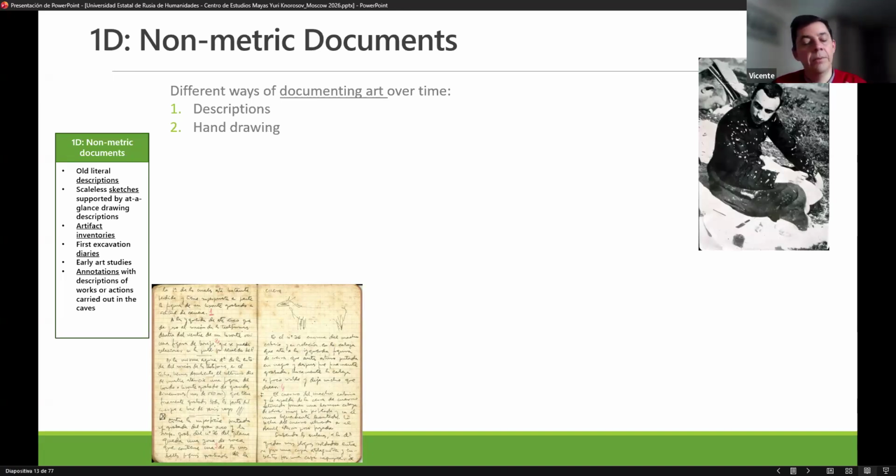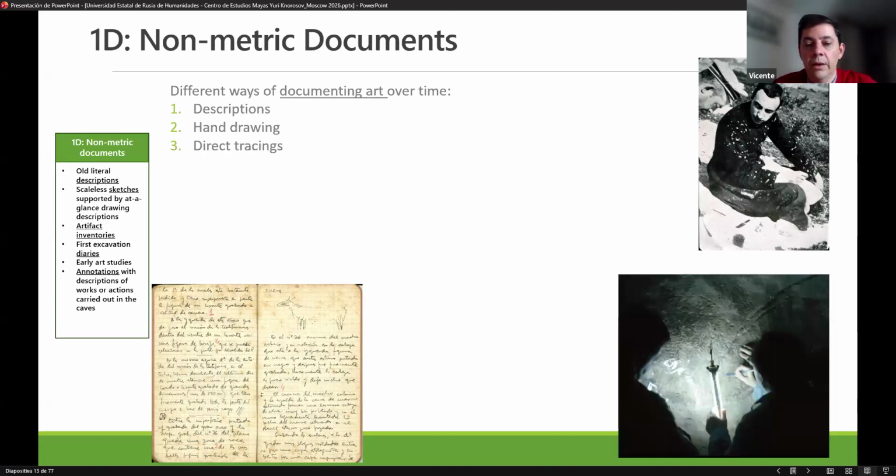You see a drawing by Breuil with these works, putting candles in the cave. Direct tracings with acetate put on the art. Later, the frottage. It was a way of documenting art, but all these methods deteriorate the art. And the molds, even when there were engravings.